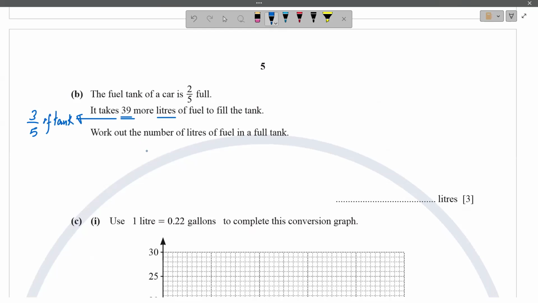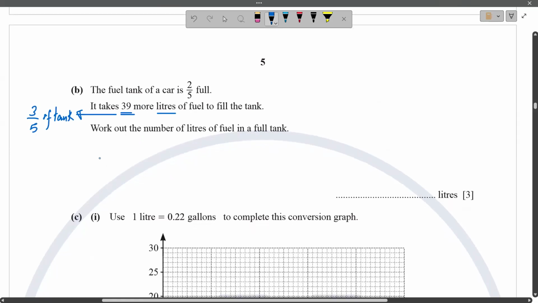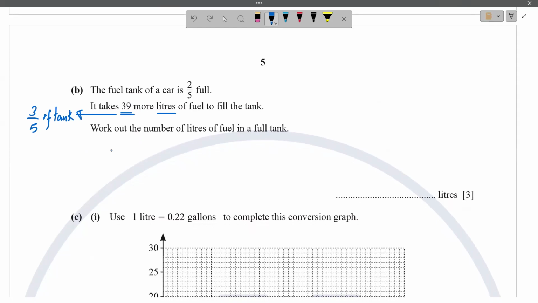We need to get 5/5. So here we can get it using cross multiply or writing an equation: 3/5 of x equals 39. So to get the value of x, 39 divided by 3/5.